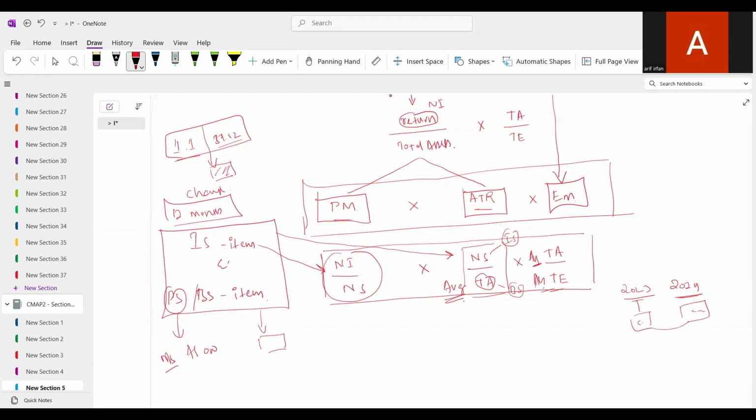That means in 2023 what is the status of assets, and in 2024 what is the status of assets, both will be taken and divided by 2. That's why average assets or average equity is nothing but beginning assets plus ending assets divided by 2, and beginning equity plus ending equity divided by 2. That means two data points we are considering, and we take the average.